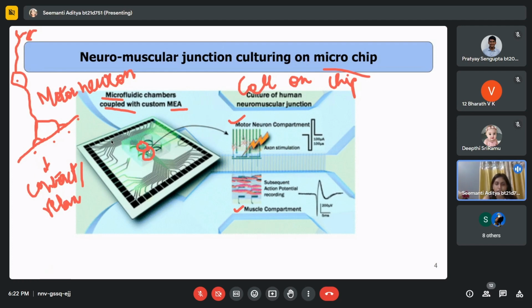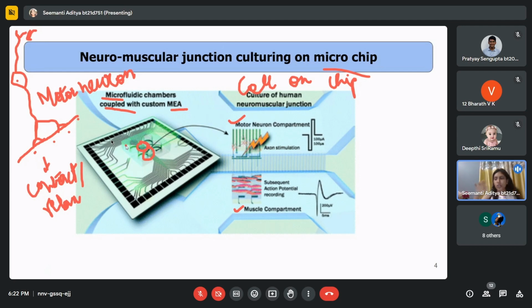So here they generated a particular micro cantilever system where they have two chambers or two compartments, and they are culturing each of these cell types in a different compartment. They have a motor neuron compartment where the motor neurons are cultured, and a muscle compartment where the muscle cells are cultured.